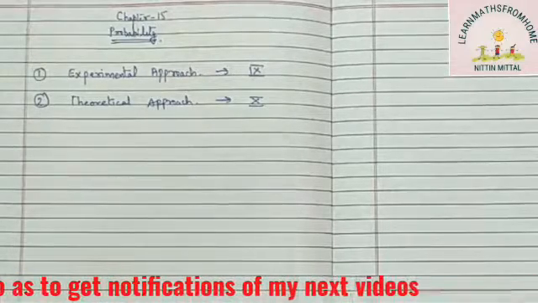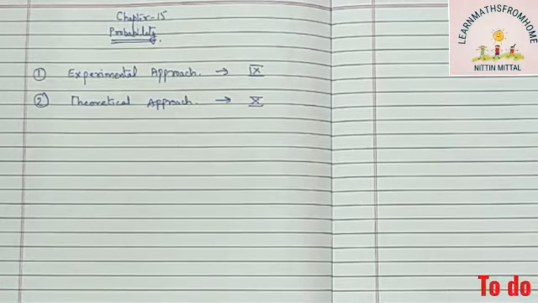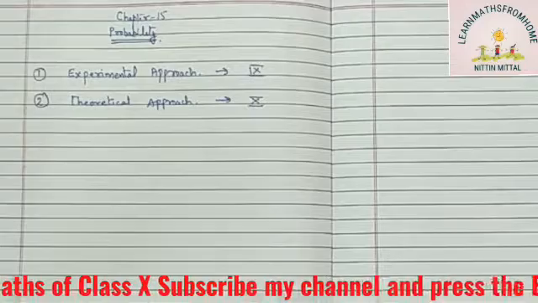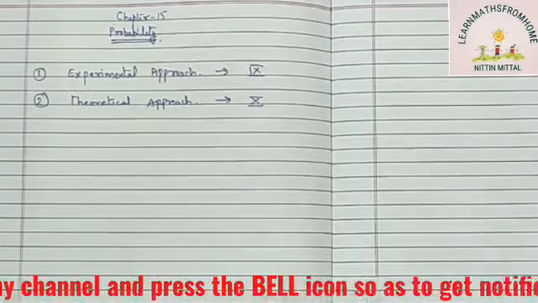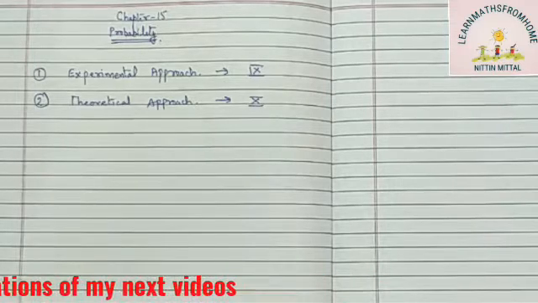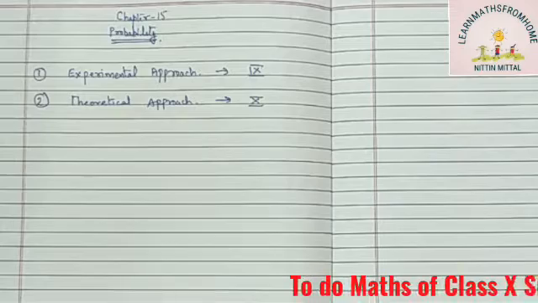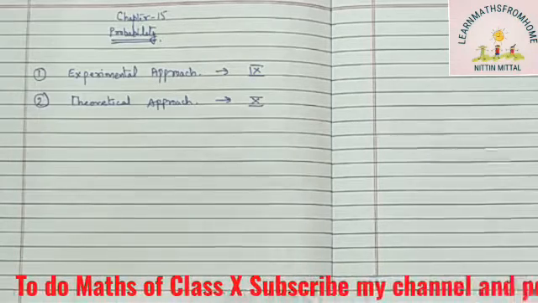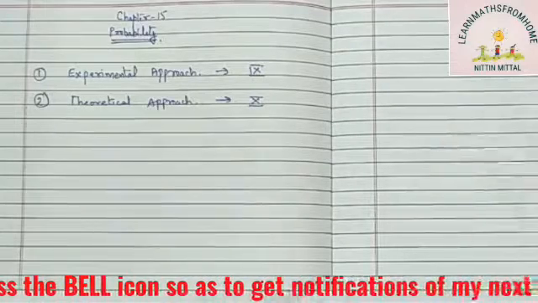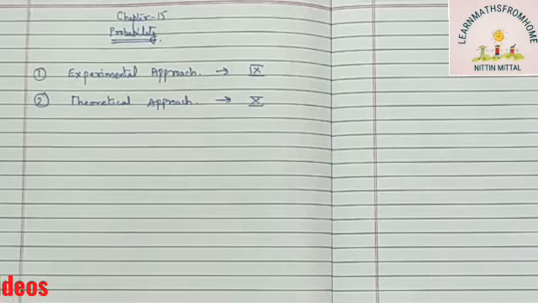So students, in experimental approach, the probability is based on experiments which are done and the results are noted, and on the basis of the results of the experiments conducted, we calculate the probability of happening or not happening of the same experiment or same event.